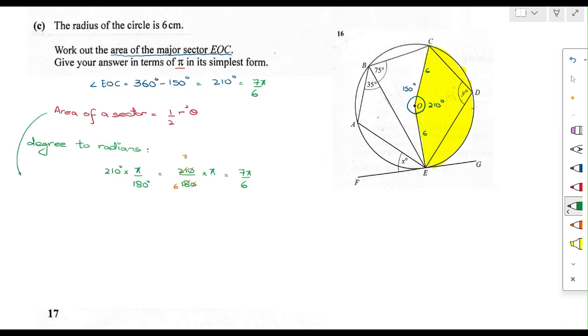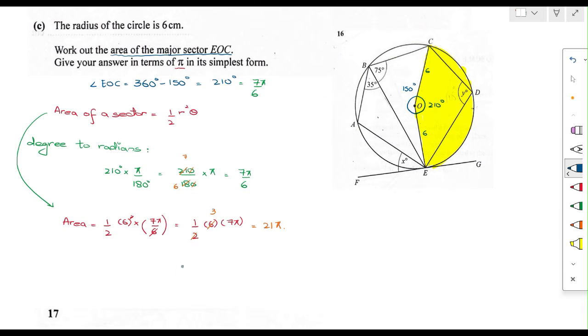Okay. Now substitute everything into the formula. You will get the area of a sector. So area of a sector would be equal to half. The radius is 6, so take 6 square. Multiply the angle, which is 7 pi by 6. Okay, so this 6 and this 6 are cancelled out. We are just left with 1 by 2 into 6 into 7 pi. 2 times 3 would be 6 and 3 times 7 gives you 21 pi.